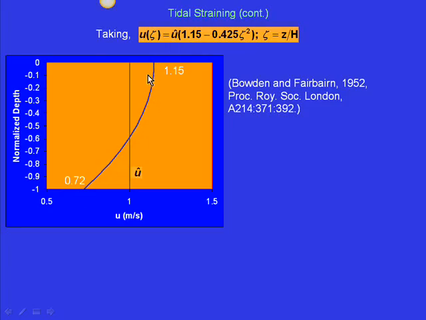At the surface, where z equals 0, this term equals 0. So the flow at the surface is U hat times 1.15. If U hat equals 1, then the flow at the surface is 1.15, let's say, meters per second. That's if we assume that the vertically average flow is 1 meter per second. And then at z equals minus H, zeta equals what?